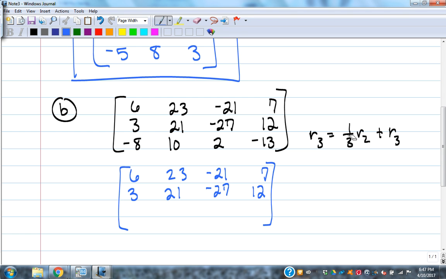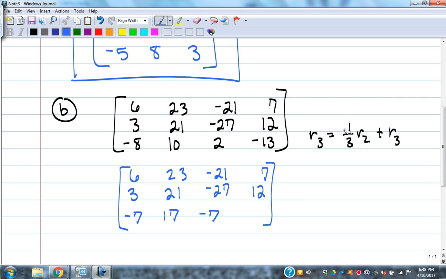So 1/3 times row 2, so times 3. 1/3 of 3 would be 1. 1 plus negative 8, negative 7. 1/3 times 21, 7, plus 10, 17. 1/3 times negative 27 plus 2.